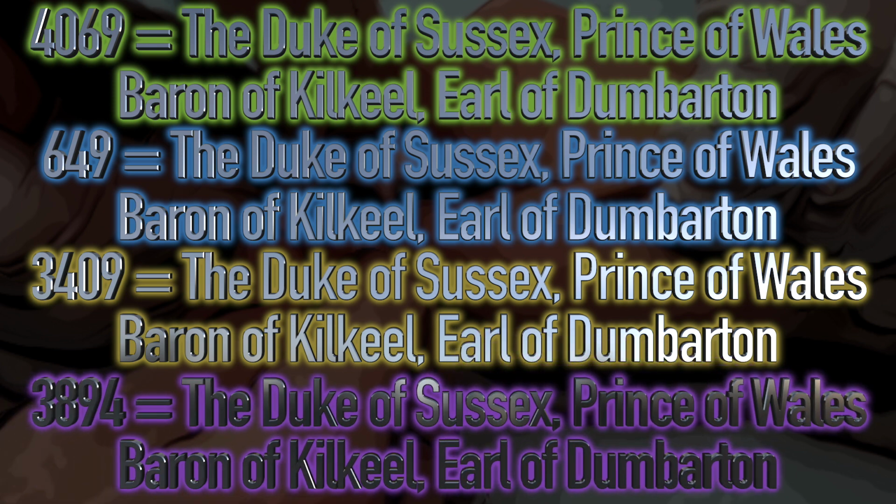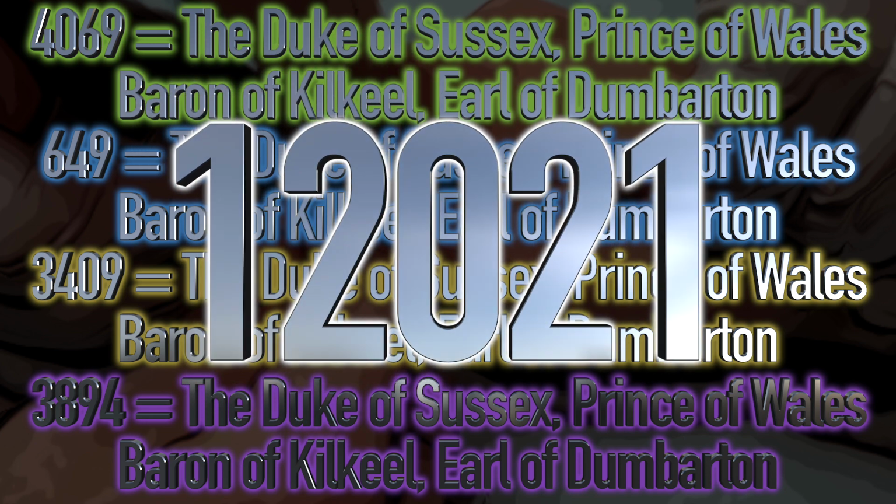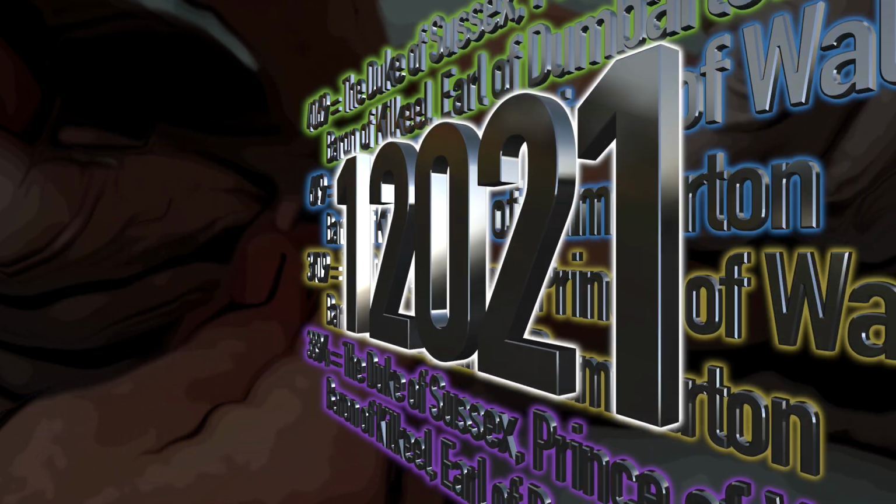3894. If we add up all these numbers, we get 12,021, which is a mirror number. It can be read from left to right or from right to left. Also equaling 12,021 is the following combination.